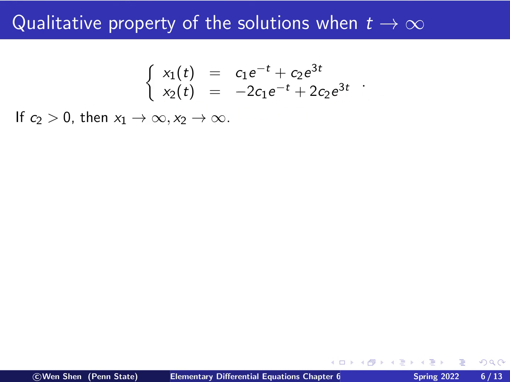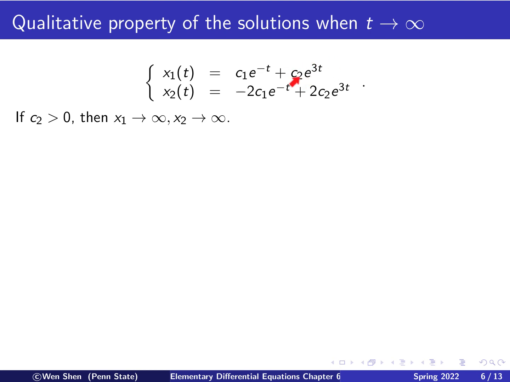The behavior will depend on the constants c1 and c2, whether they are present or not, as well as their sign. First we observe that when t goes to infinity, the exponential with the negative coefficient, the first term here and the first term here, will go to 0.